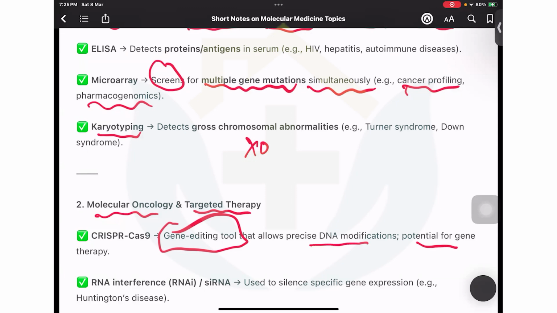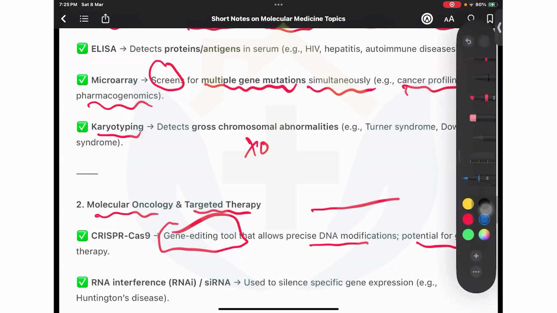And you can, for example, somebody has a gene which has a mutation and that mutation is causing cancer. So if you can just use these micro scissors and cut out those portions which are causing the cancer, then probably you can treat the person. For example, let us say here is the problem. So in CRISPR, what you can do is you can simply take out this portion using the micro scissors.